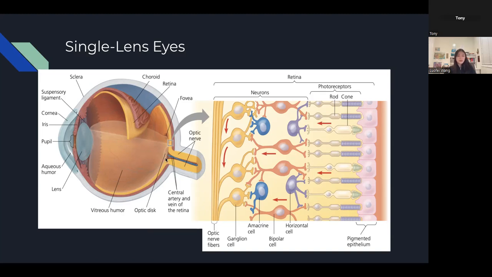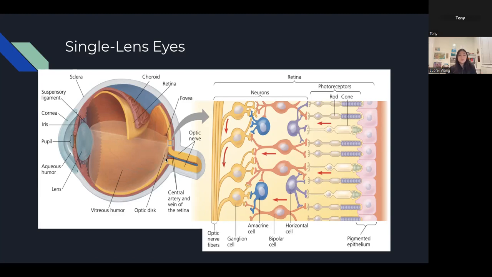The light will strike the retina, and that light will reach rods and cones. So rods will detect features of objects such as like lines, shapes, whatever. And they're more sensitive to the presence of light. And so they're mostly responsible for your vision in the dark. While cones will detect color, they detect the wavelength frequency of the light.